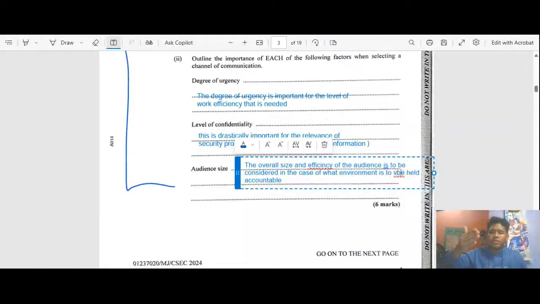So there are different lines of communication for different audience sizes. For example, if you're speaking to a huge crowd, you probably will have to talk orally. If you are in an intra-regional organization with a lot of branches across the country, you might have to telecommute and talk over teleconferencing. That's what I mean by the audience size, and that's what they're generating here.